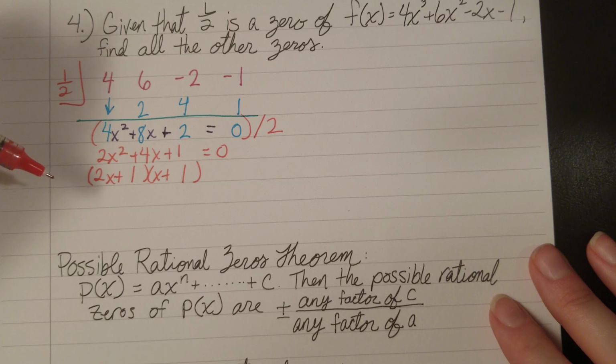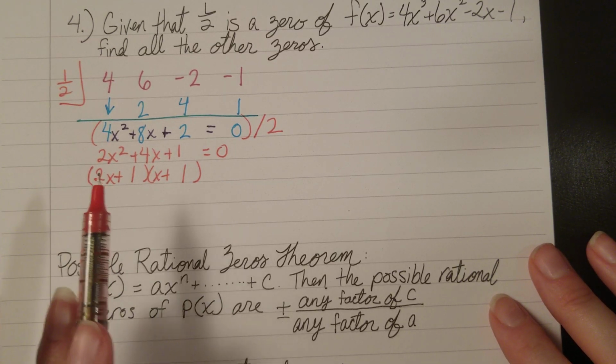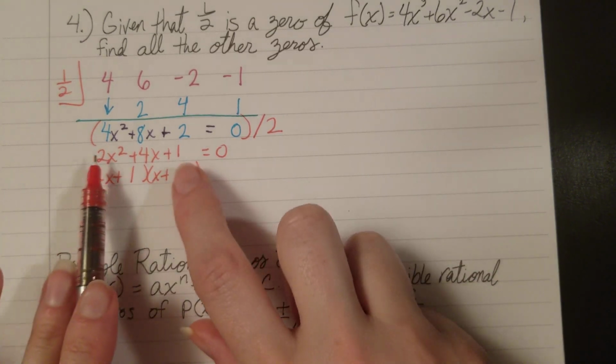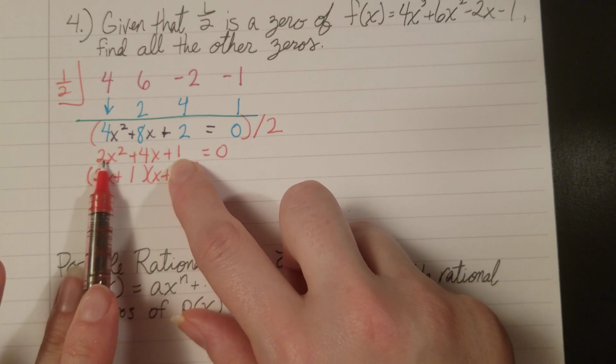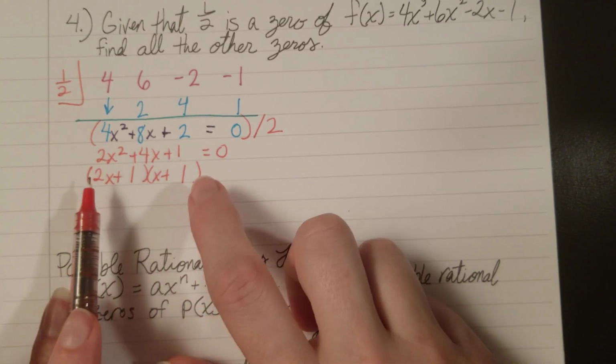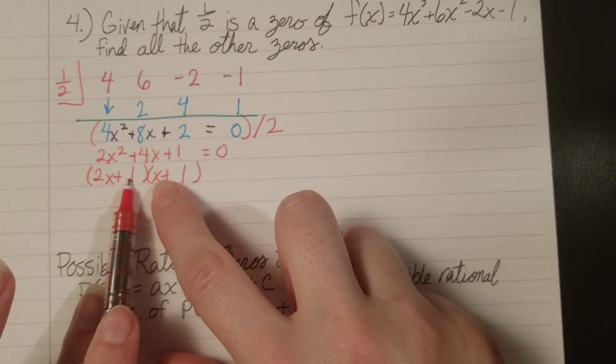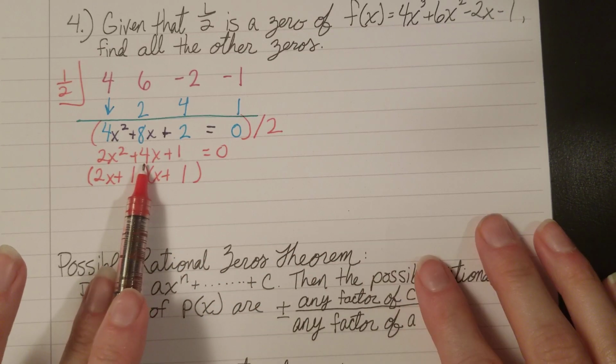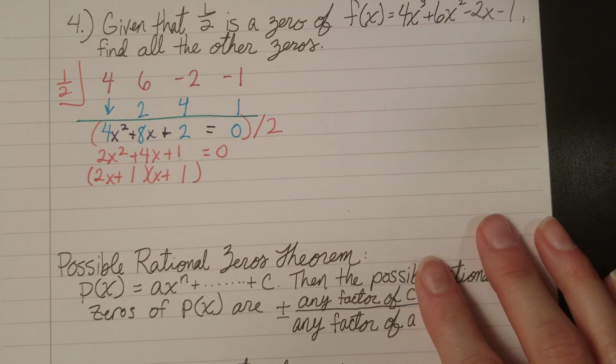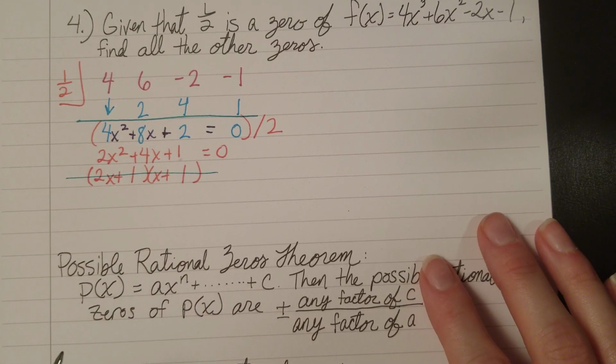But is that right? Let's check with FOIL. We already know that these two terms would be right. The real question is, would this term be right? 2x plus 1x would equal 3x, not 4x. So no, that's not right, which means it's not factorable. So our only choice is to use the quadratic formula.